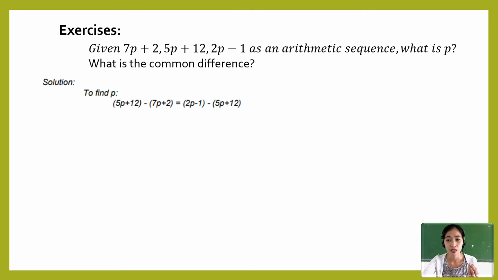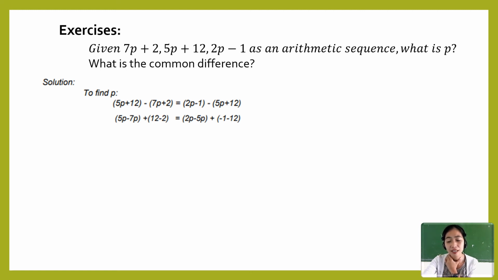After having this equation, your solution will be, you distribute the minus sign to 7p and 2. Negative times 7p becomes minus 7p. Negative times positive 2 becomes minus 2.